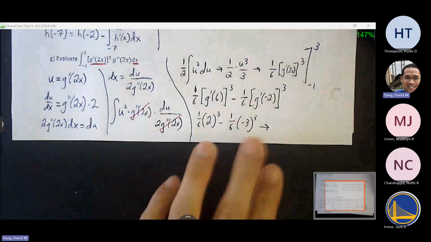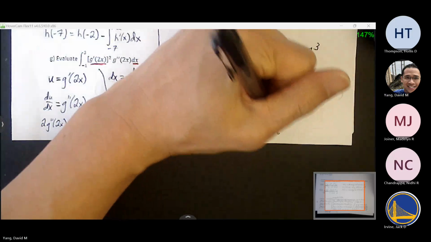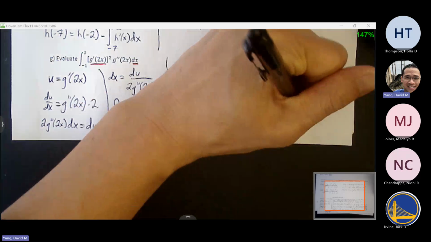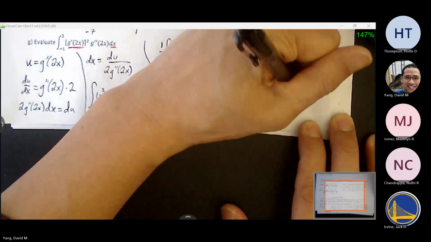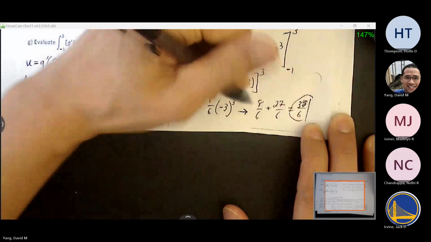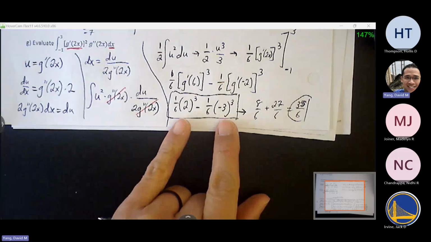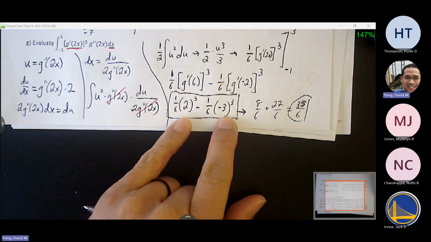You can leave your answer like this, or you can keep going here. I get 8/6 plus 27/6, which is 35/6. But on the AP exam, leaving your answer like this is also acceptable. As long as everything is a numeric value, you can leave your answer or simplify it as well.